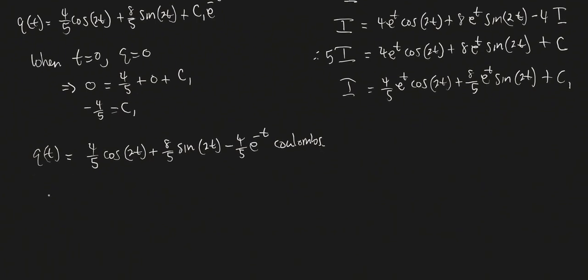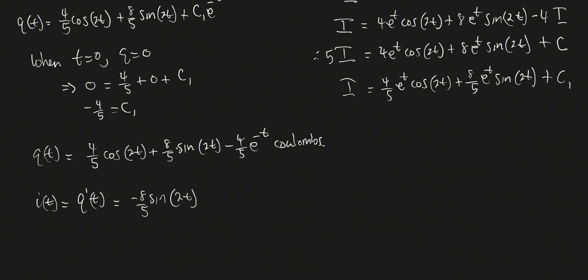but now our current, so I of t is the derivative of charge. So differentiating this function will give us our current function as a function of time. So the derivative here, when I differentiate cosine, I'll get negative sine, but then I also have to apply my chain rule. So I get negative 8/5 sine of 2t.